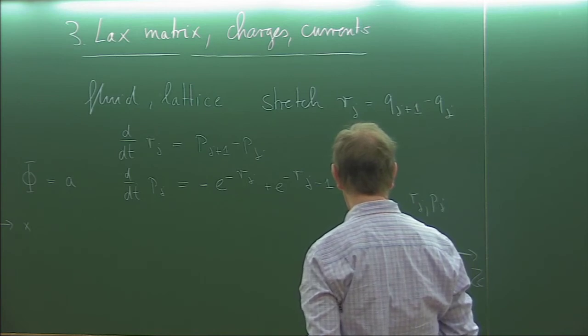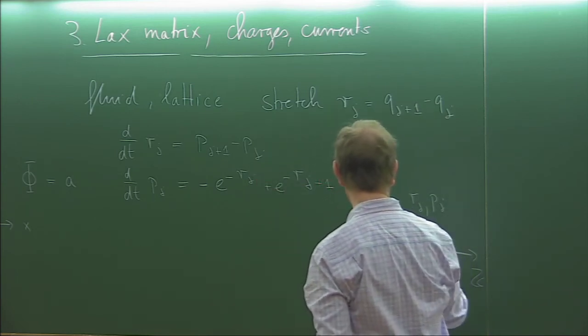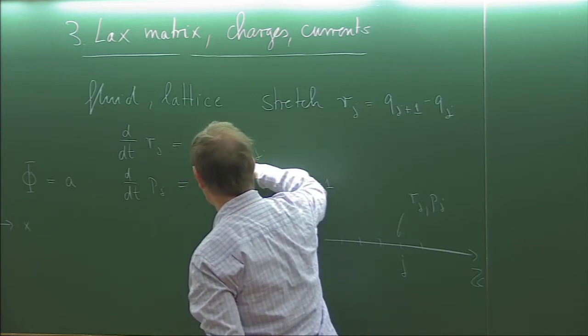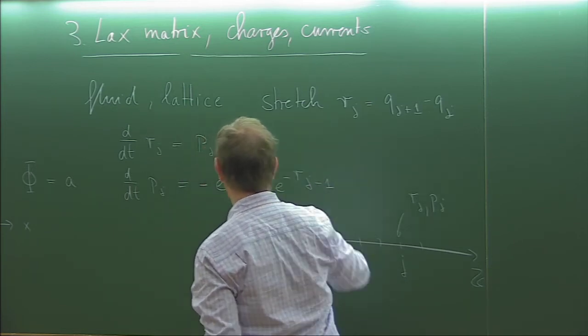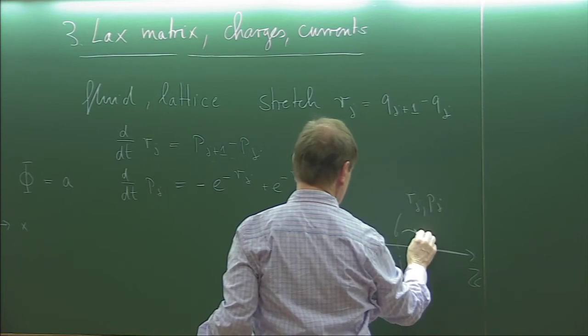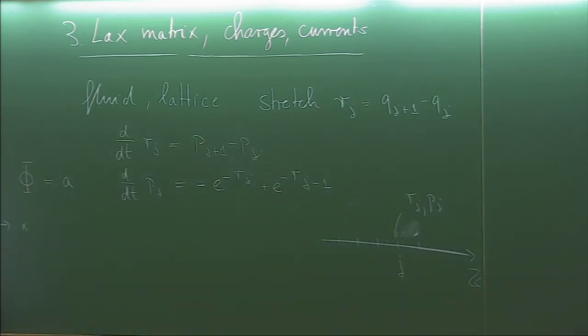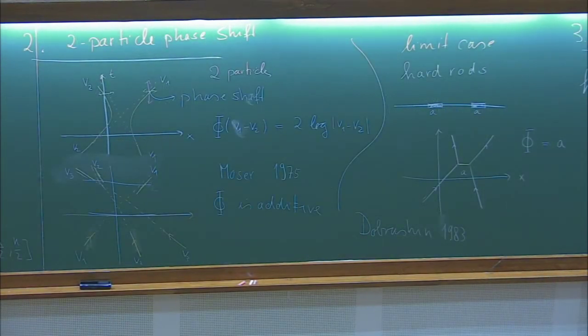Now you look at the equation, and you see that you get a coupling to the right. Maybe you cannot see this. So there will be one coupling to the right, that's the equation of R dot, right? And then there will be a coupling to the left, because this is j minus 1, and this corresponds to the Pj dot, right?